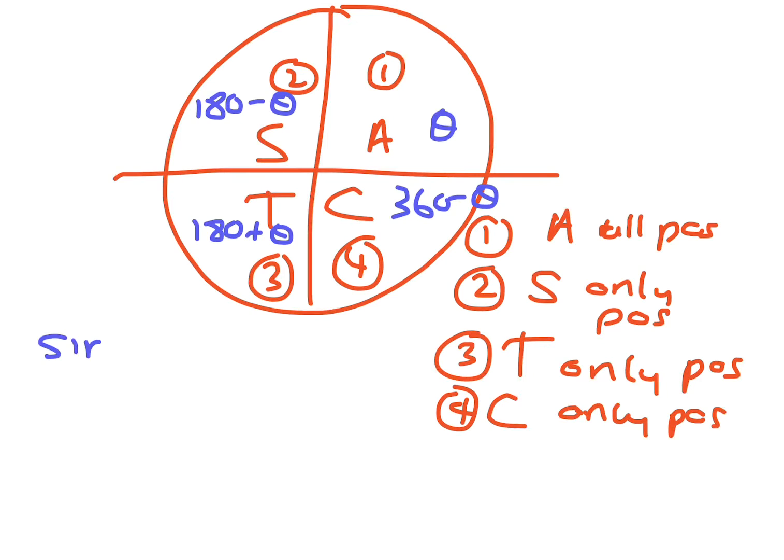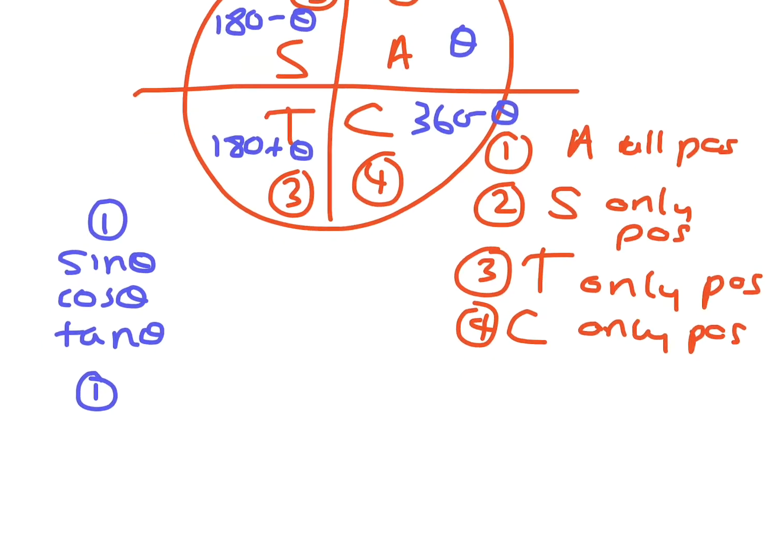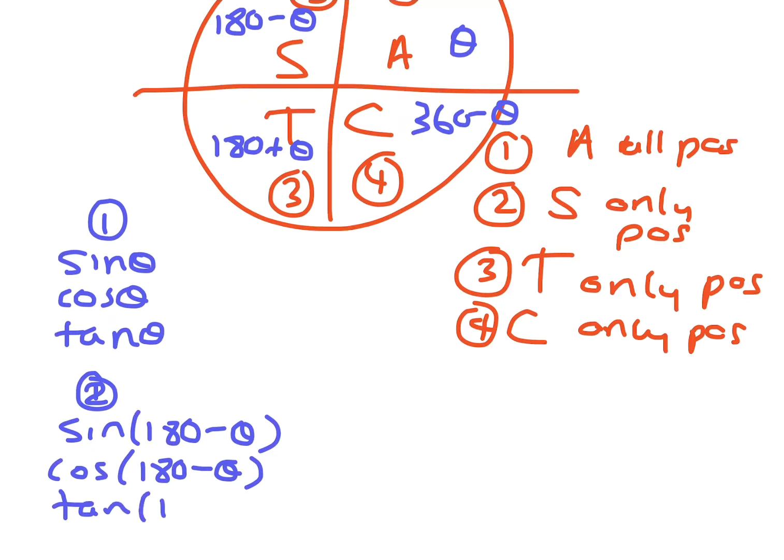So basically, you've got sine theta, cos theta, tan theta. That's quadrant 1. Quadrant 2, you have sine 180 minus theta, cos 180 minus theta, and tan 180 minus theta. So sine 180 minus theta is equal to sine theta, because we know in that quadrant sine is positive.